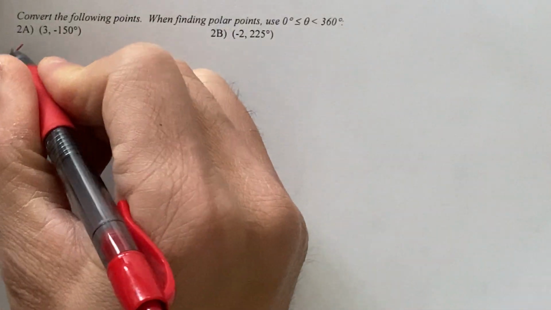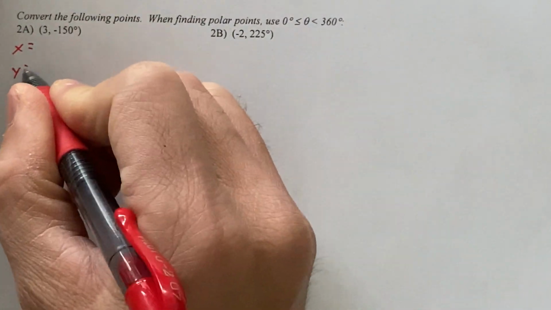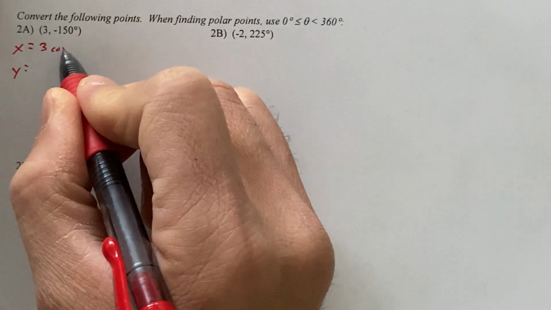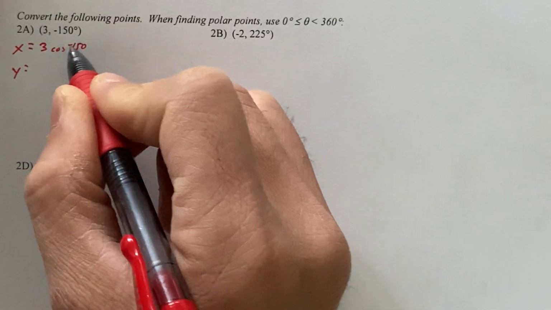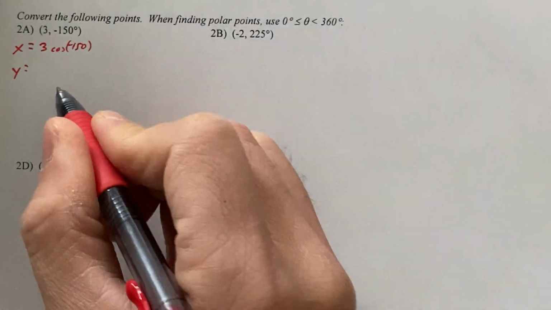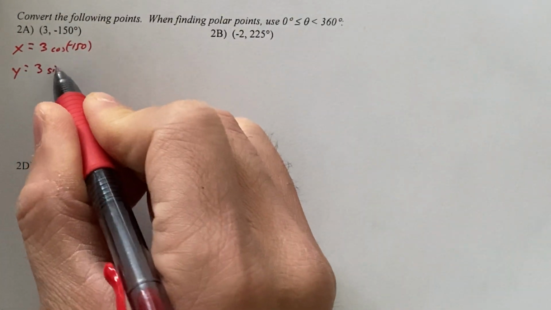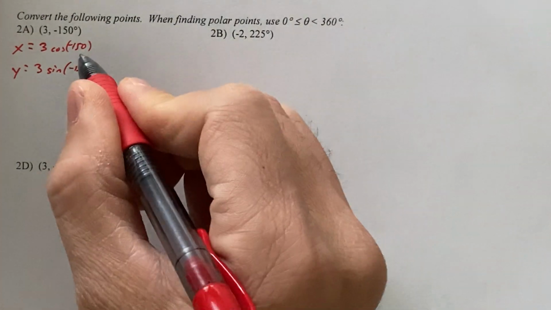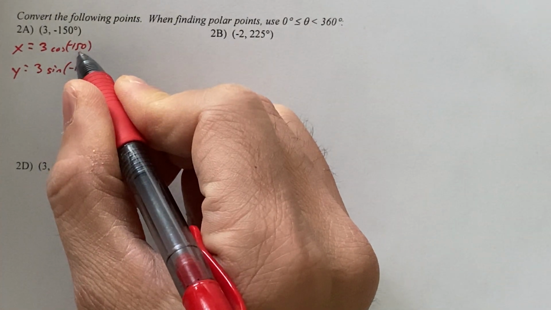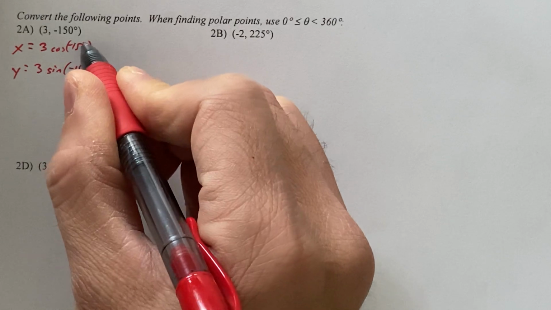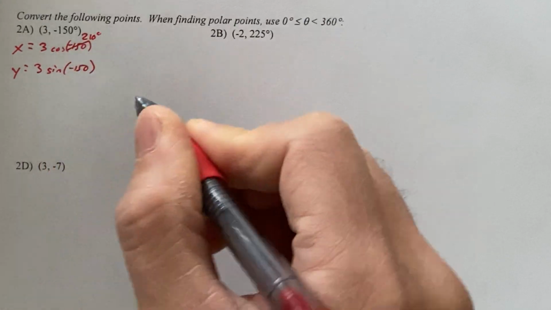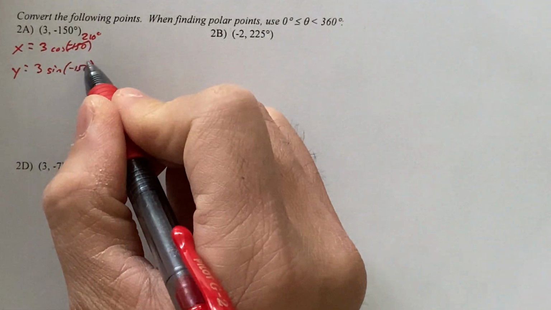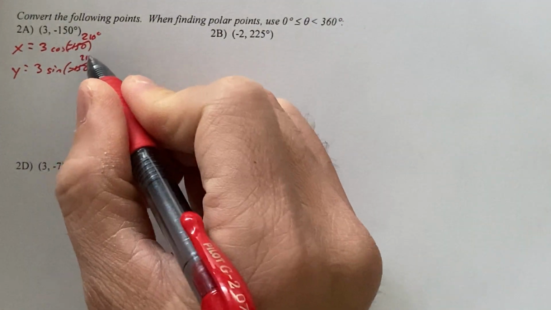So my job is to find out what x is and what y is. x is nothing more than r times cosine of that negative 150 degrees, and then y is r times sine of that negative 150 degrees. Just to let you know, this is the same thing as 210 degrees. If I spin downwards or clockwise 150 degrees, that's the same thing as spinning upwards counterclockwise 210 degrees.